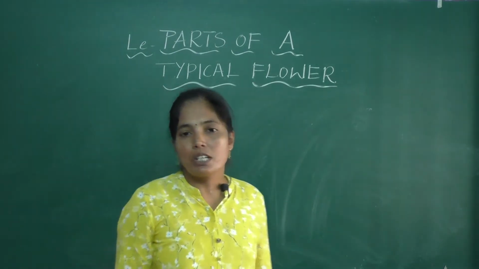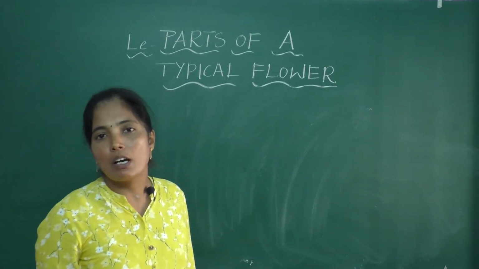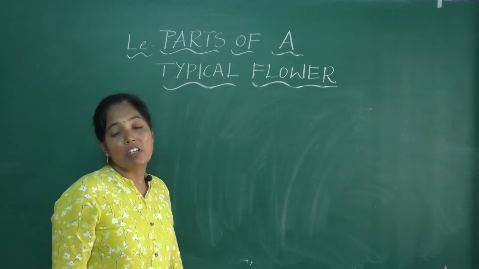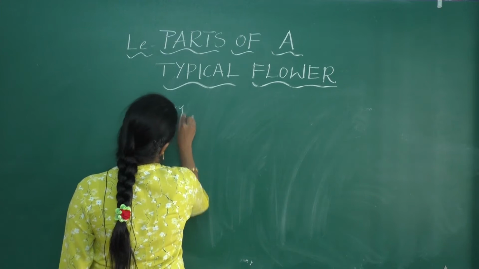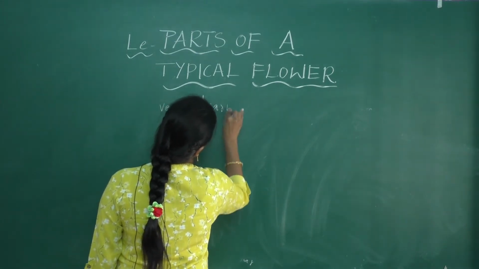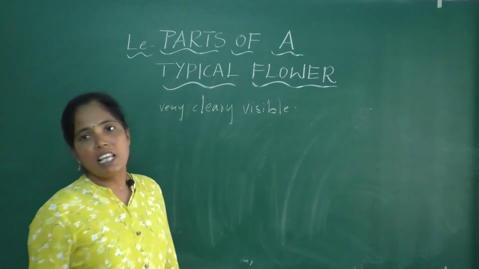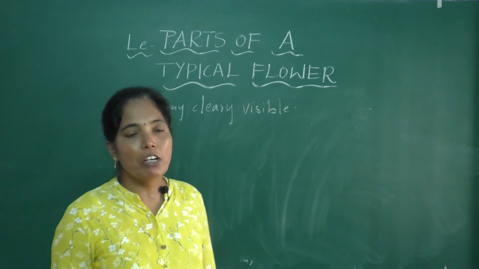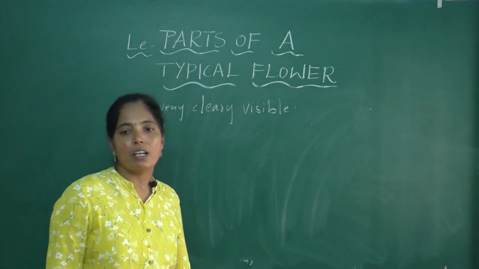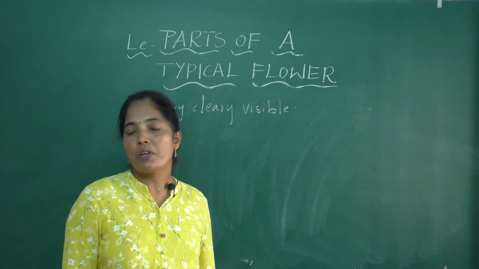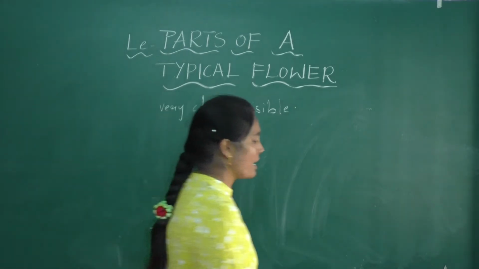Children, if you observe, the flower is the most conspicuous structure in an angiosperm or flowering plant. What is meant by conspicuous? Conspicuous means very clearly visible. It is at the same time very important because it is specially designed for reproduction of the plant, thereby ensuring the continuity of life. That's why the flower is the most important part of the plant.